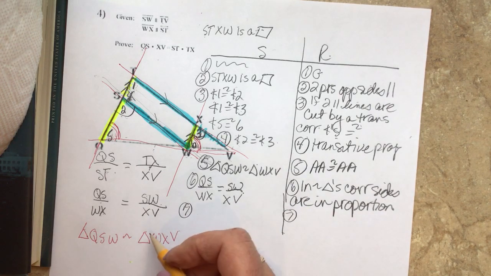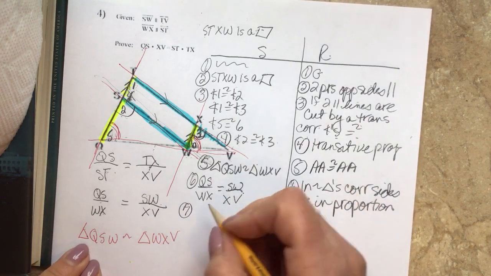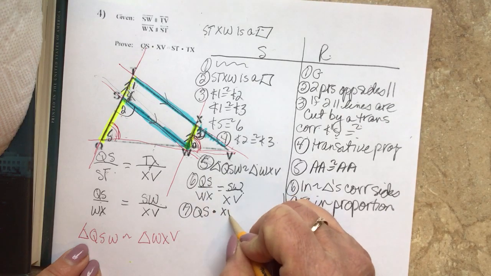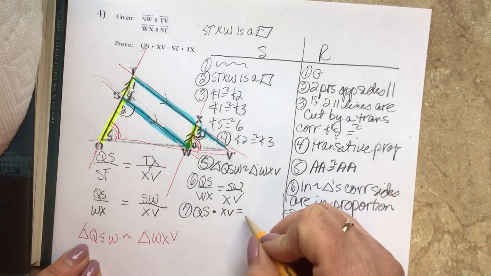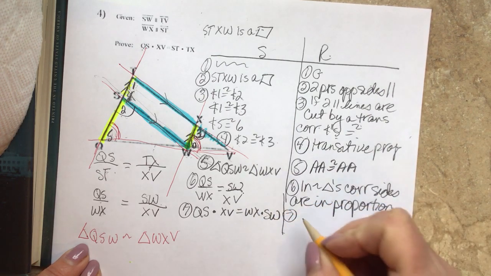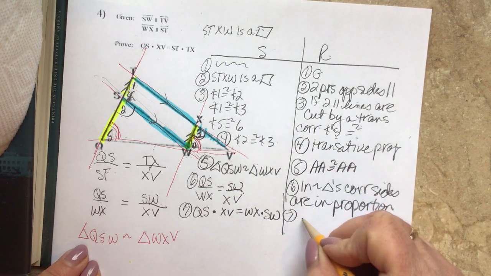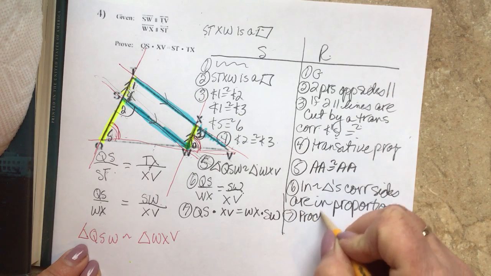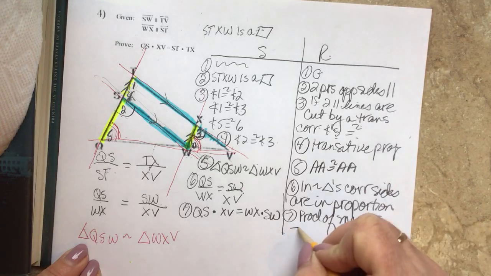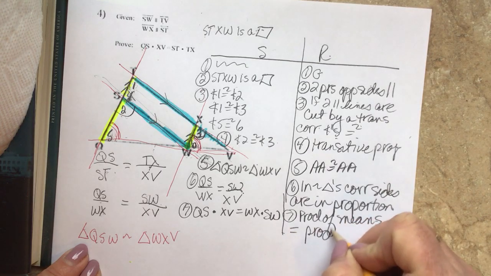All right. So we're going to say QS times XV equals WX times SW. And that is because product of the means equals product of the extremes.